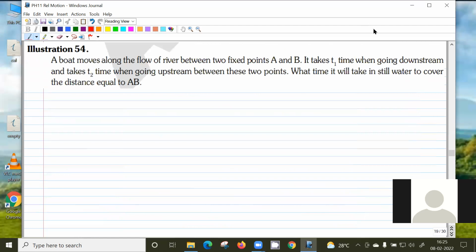Okay, try this problem. So you're understanding the question?